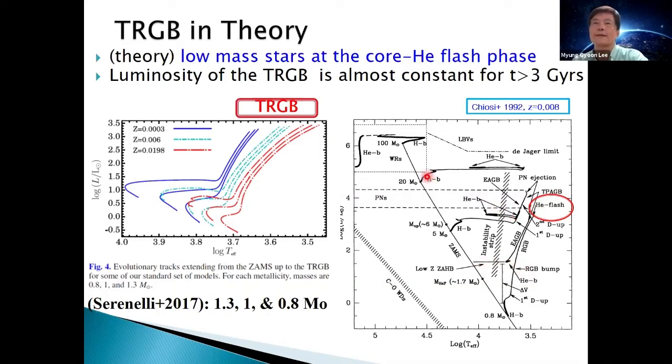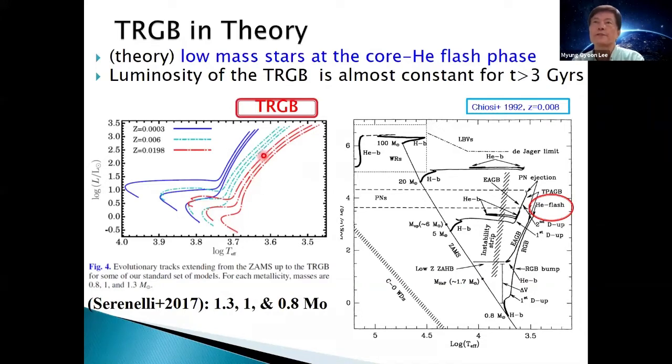Also, if you take a look at a slightly different range of masses, in the left panel, the blue ones are low metallicity and the red ones are high metallicity, and the three different tracks are for masses of 1.3, 1, and 0.8 solar mass.